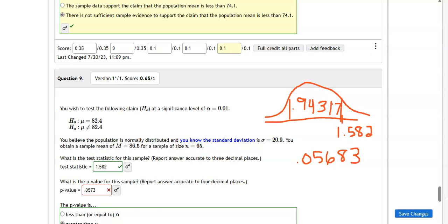So if we have a two-tailed test, and the test statistic is positive, then we've got to subtract what we get from 1 and then double our result. So I'm going to have to multiply this by 2. And that will give me the answer that we need. So let me go ahead and multiply that by 2.